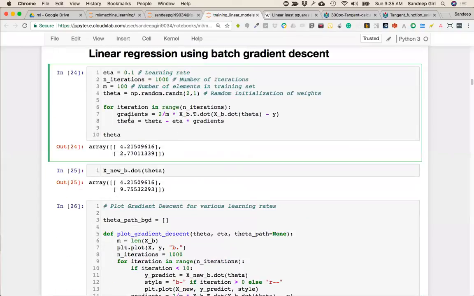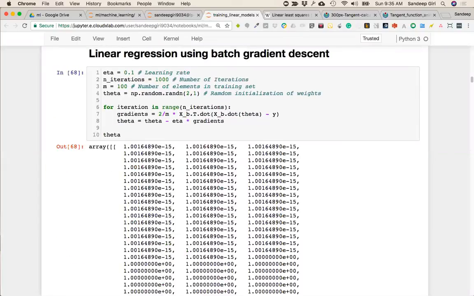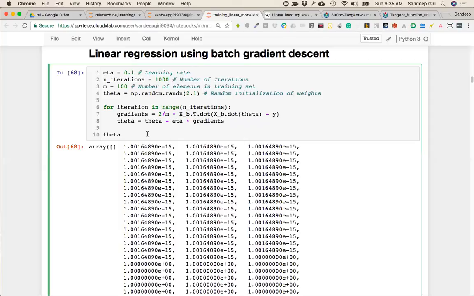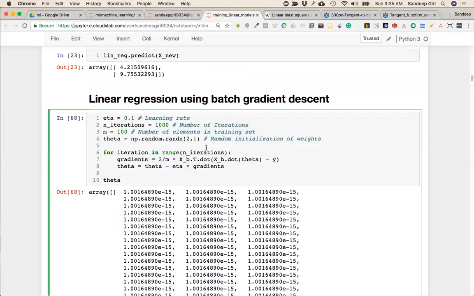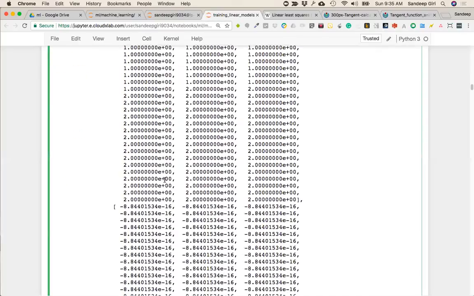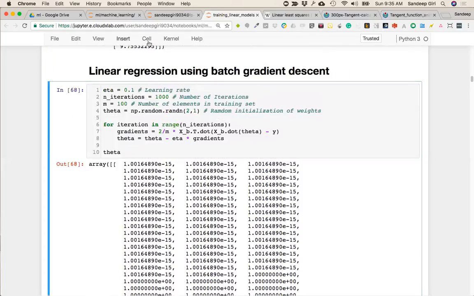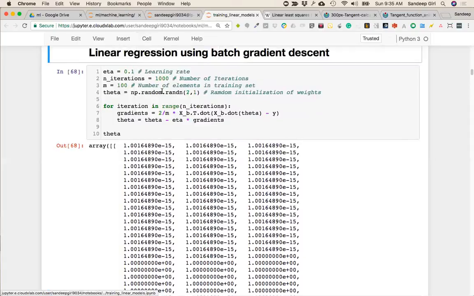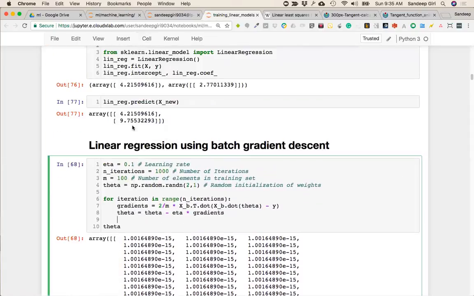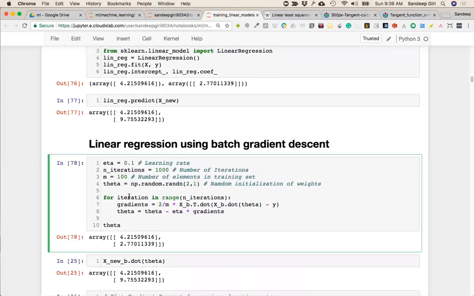Yeah, this is where we are. So here we are doing the random initialization of the weights. Okay, yeah, this is better actually.